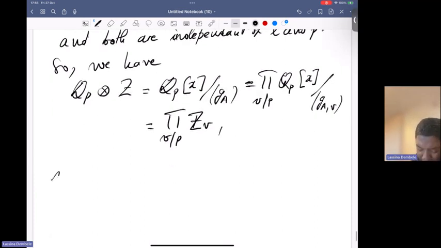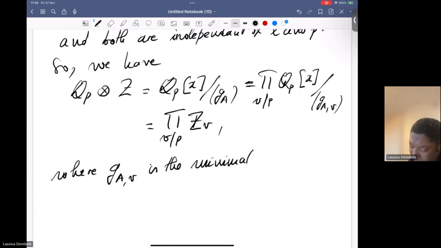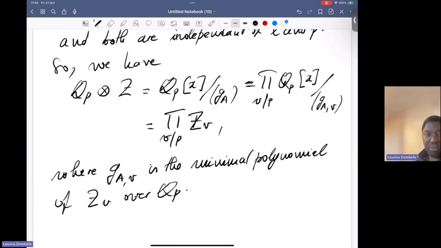So here, GAV would be the minimal polynomial of ZV over QP, right?